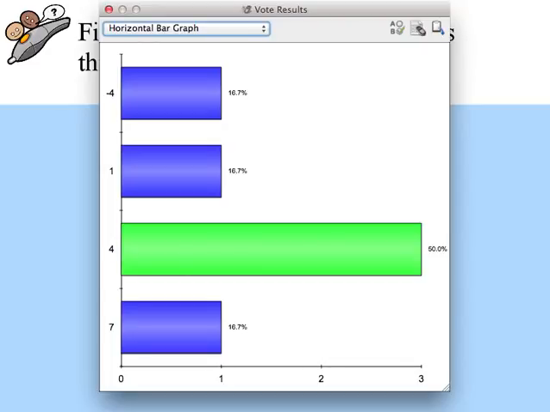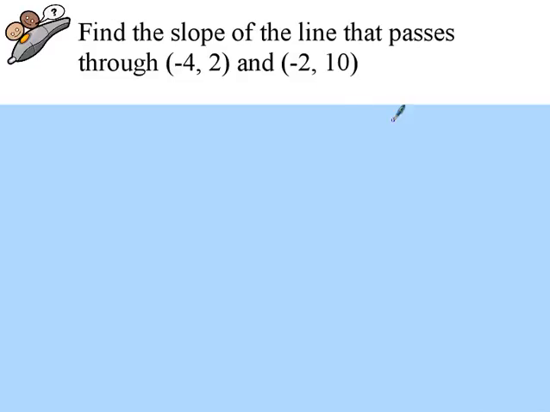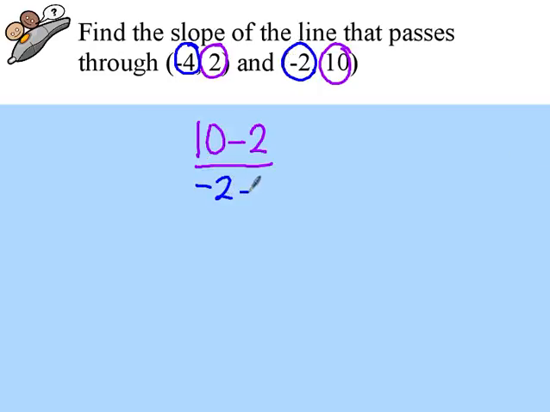Nice job. Anytime we put the negatives in, we always have some mistakes made. So I'm going to take 10 minus 2, divided by -2 minus -4. 10 minus 2 is 8. Now, -2 minus -4, your two negatives make a positive, so it's really like -2 plus 4, which is positive 2. 8 divided by 2 is 4.